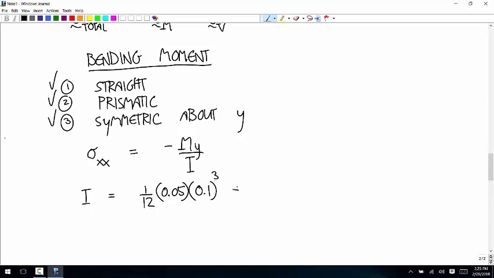Could someone calculate that? Times 10 to the minus 6, and that's meters to the fourth.